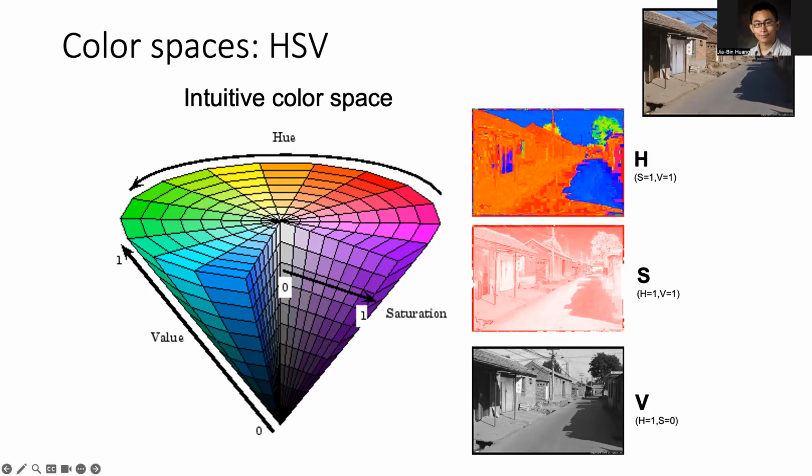HSV is very useful for photo editing, for example. If you were asked to directly change the RGB value, it's probably difficult to figure out how to change it so that you get a specific color. But HSV is very easy. You can change from red to green or to blue very easily by changing these values.